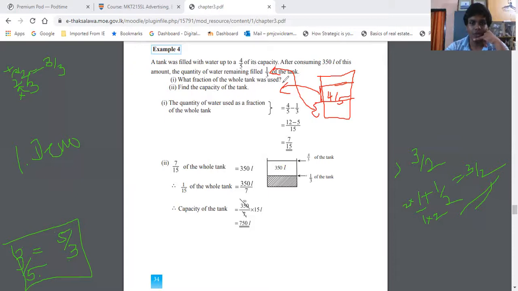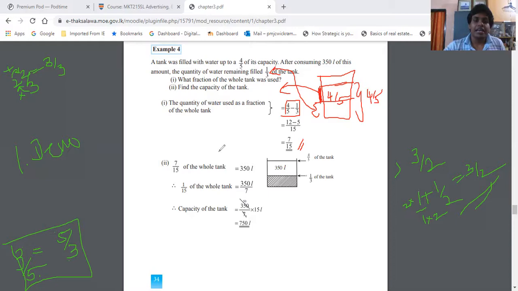The quantity of water used: from the whole 4/5 we used this much and this 1/3 is remaining, hence 4/5 minus 1/3, and you get 7/15.